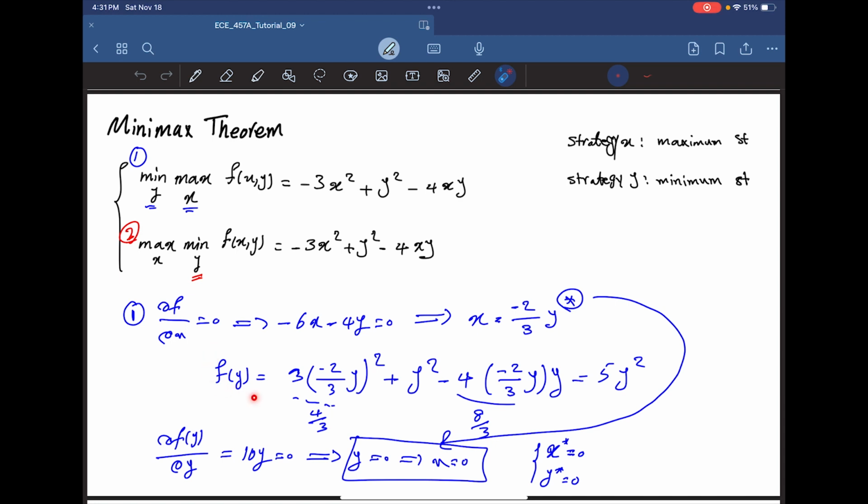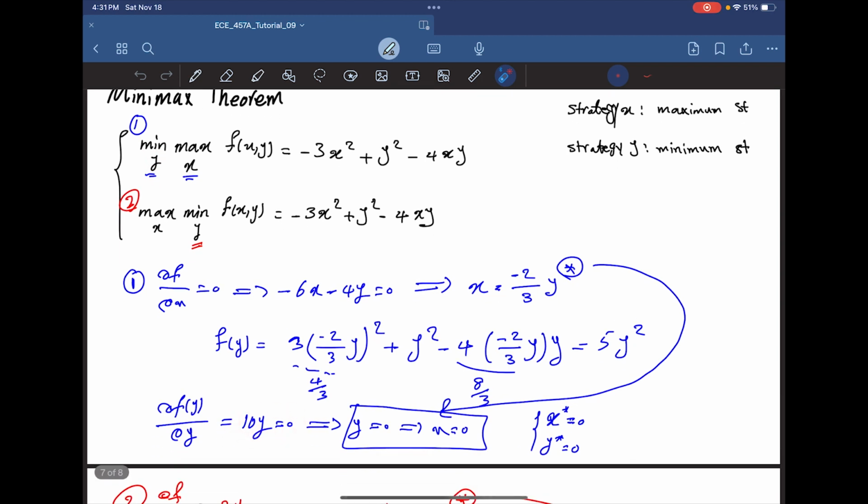So that will give us this expression, and we need to find the derivative of this expression with respect to y, the second optimization problem, and equate it to 0, which will result in 10y.